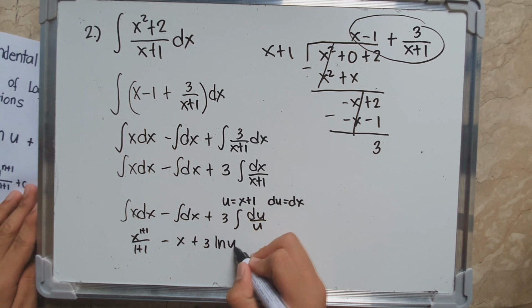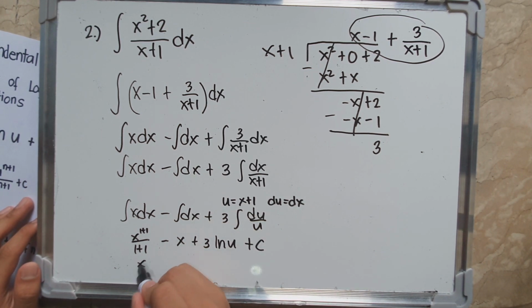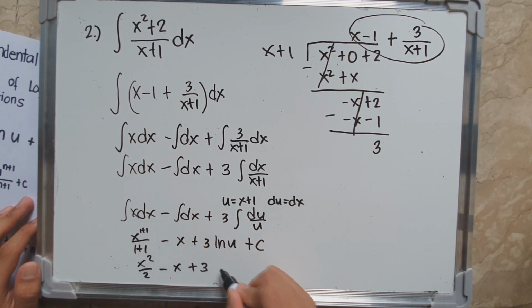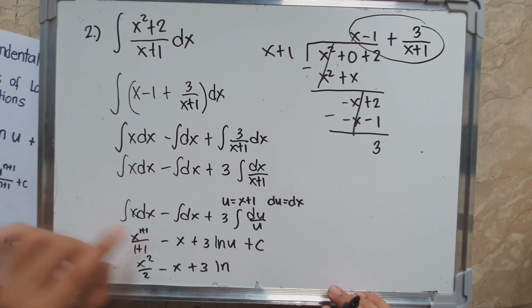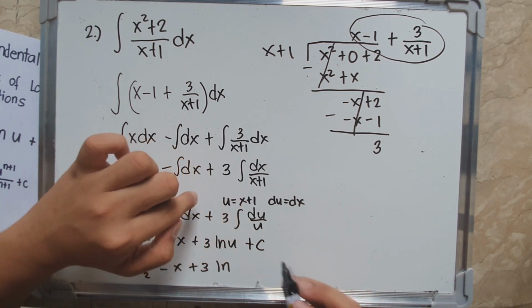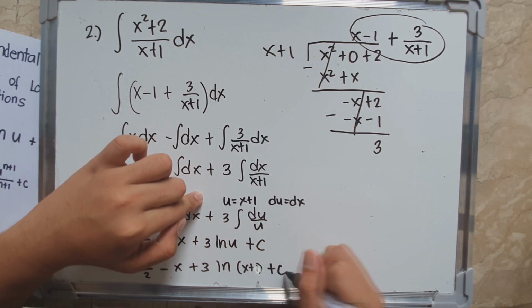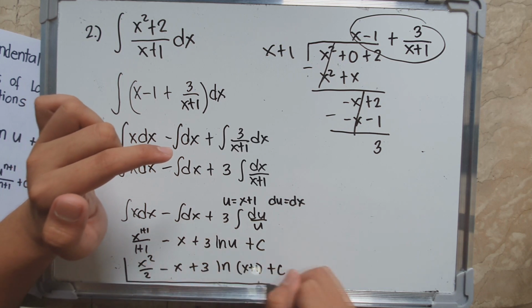This is ln of u plus c. We have x squared over 2 minus x plus 3 ln. What is our u? Our u is declared right here. U is x plus 1. Quantity x plus 1 plus c. This will be our final answer.